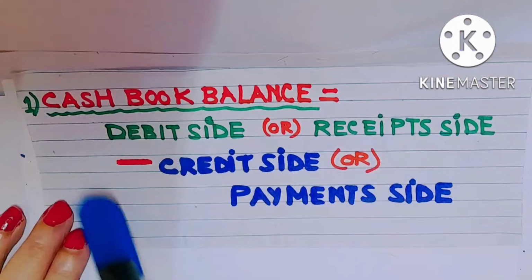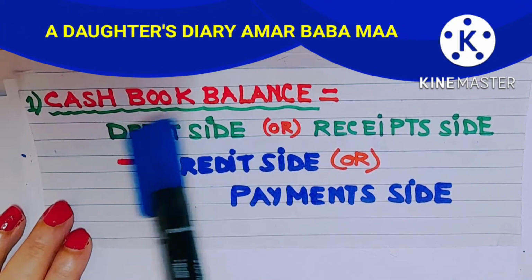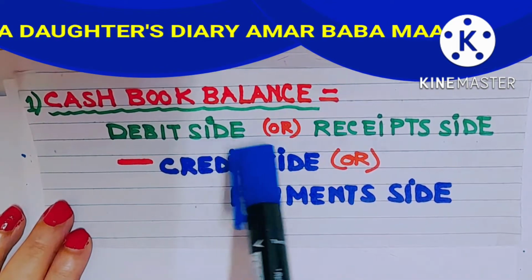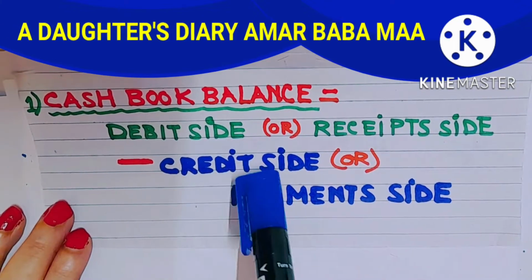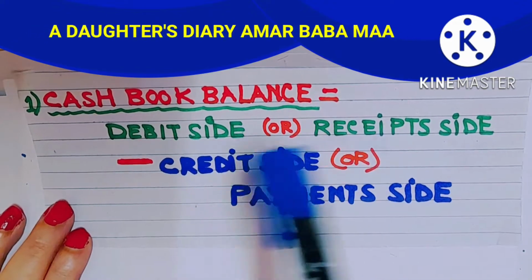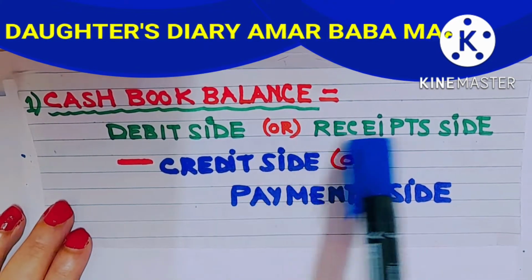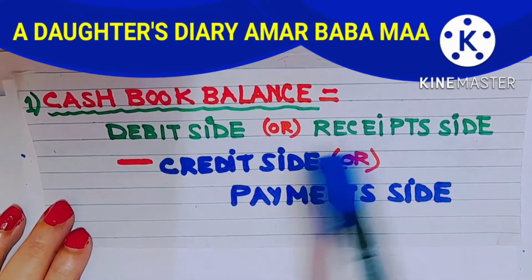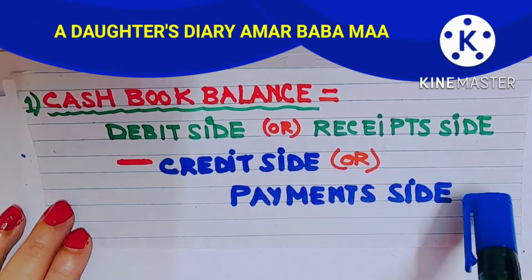Let me tell you the formula of cash book balance. Cash book balance is equal to debit side or receipt side minus credit side or payment side.